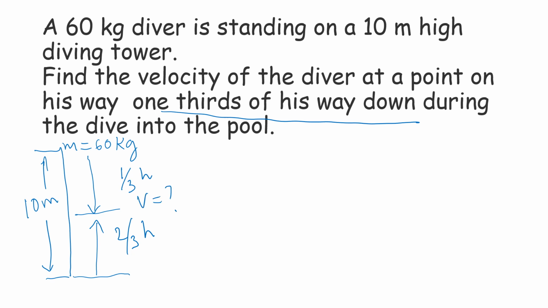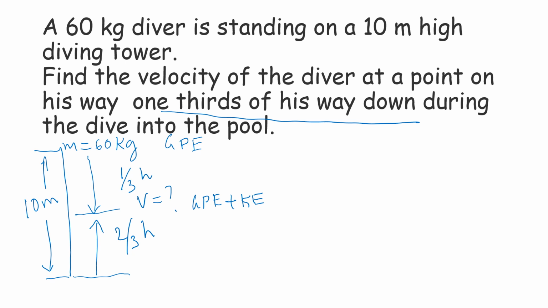All right. So as you know from the principle of conservation of energy, the total gravitational potential energy at the top should be equal to the total energy at this point, which is a combination of gravitational potential energy plus kinetic energy.